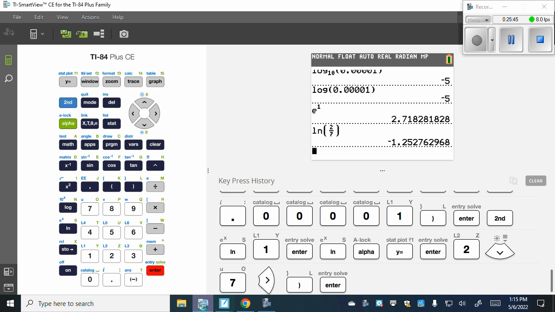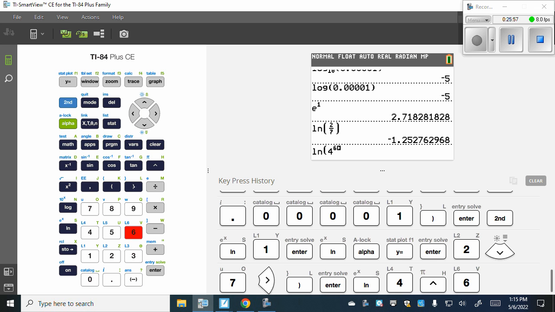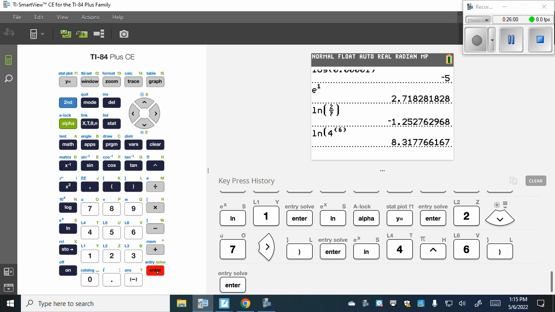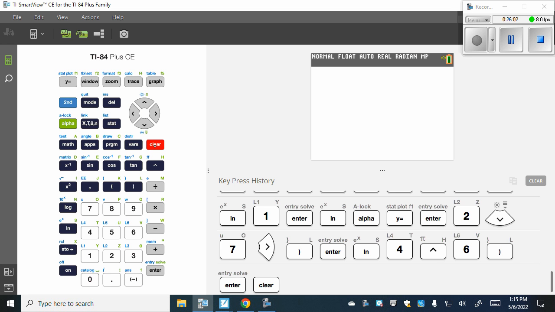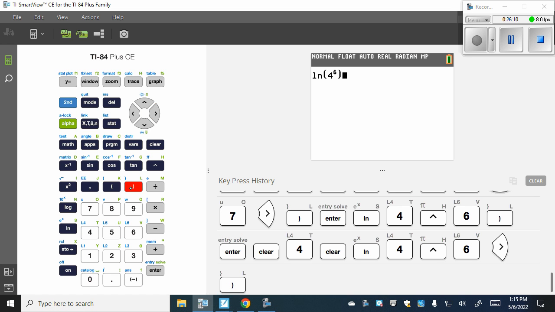So, ln of 4 to the 6th. Let's see here. Make sure I type it in. So ln of 4 to the 6th, parentheses, enter.